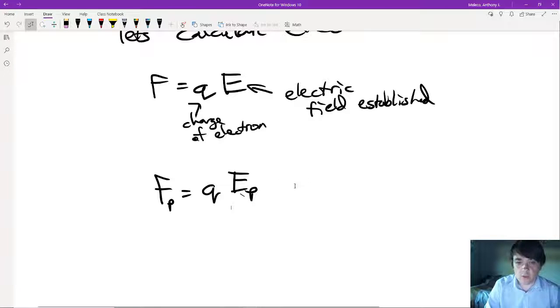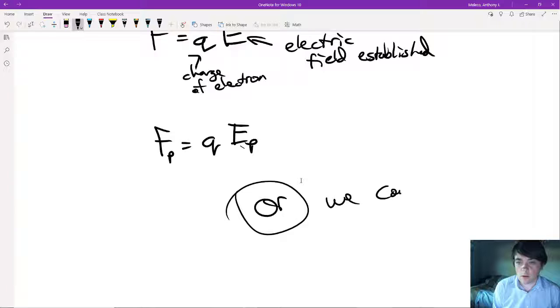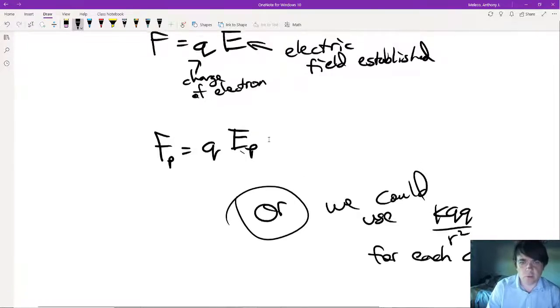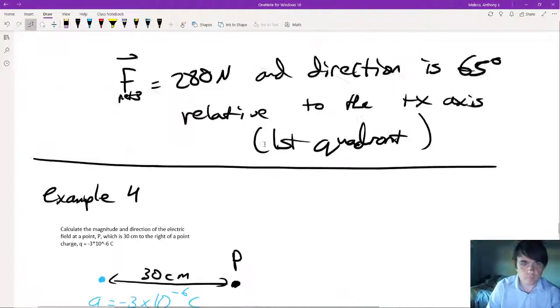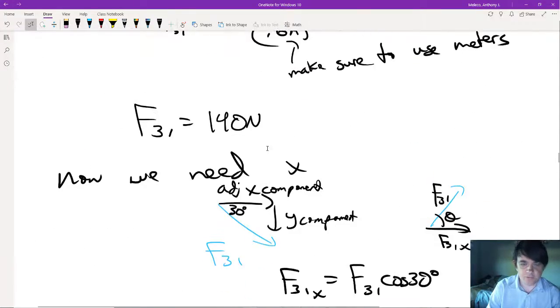The other way you can do this is we could use K Q Q over R squared for each charge, again, just like we did on the number line example, way back here, example 2.